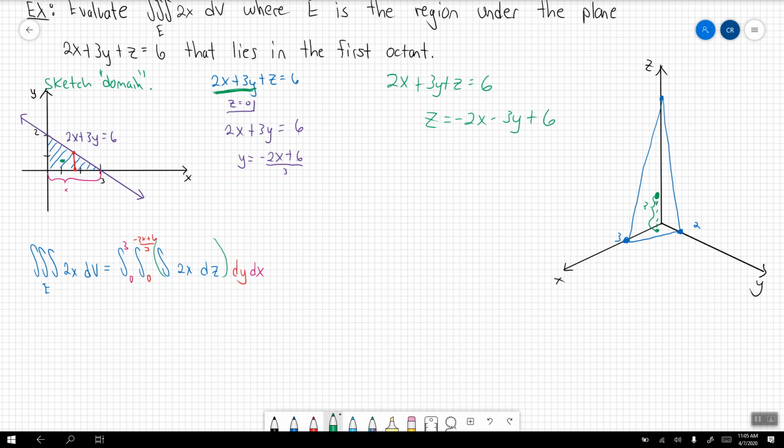And that's the height here given for these values, which means the heights will always go from the z value where z is equal to 0, because that's the one that we had assumed initially, up to those values for z, which are negative 2x minus 3y plus 6. There we are. All we have to do now is evaluate this integral.